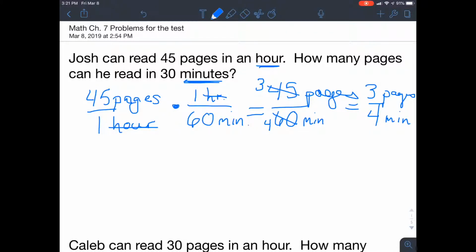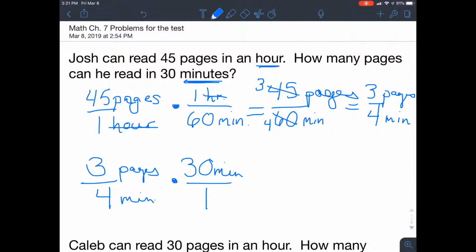So then we have to do the second part of the problem. It asks us, how many pages can he read in 30 minutes? Well, we have our 3 pages over 4 minutes, and we just multiply that by 30 minutes, and that's over 1 because we're not dividing the 30 by anything there.